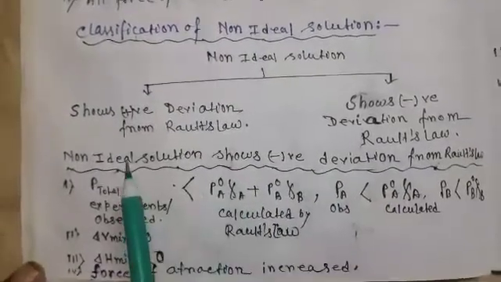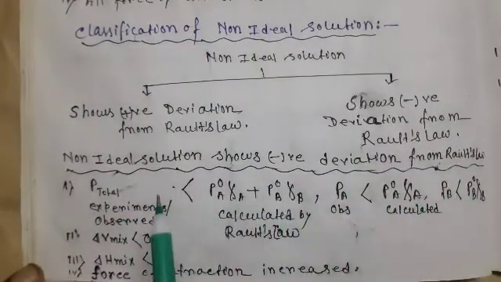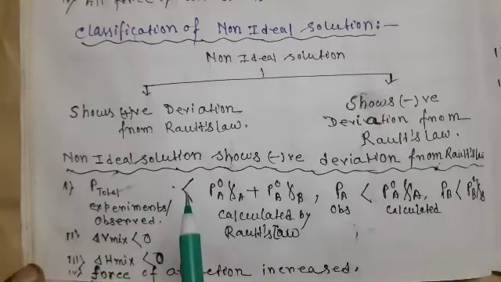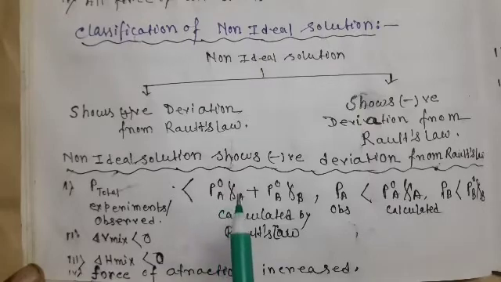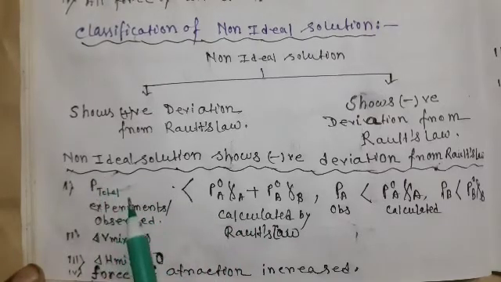At first, the non-ideal solution shows negative deviation from Raoult's law. That means here P total is less than P naught A χA plus P naught B χB calculated by Raoult's law. That means the experimentally observed vapor pressure is less than the vapor pressure calculated from Raoult's law.